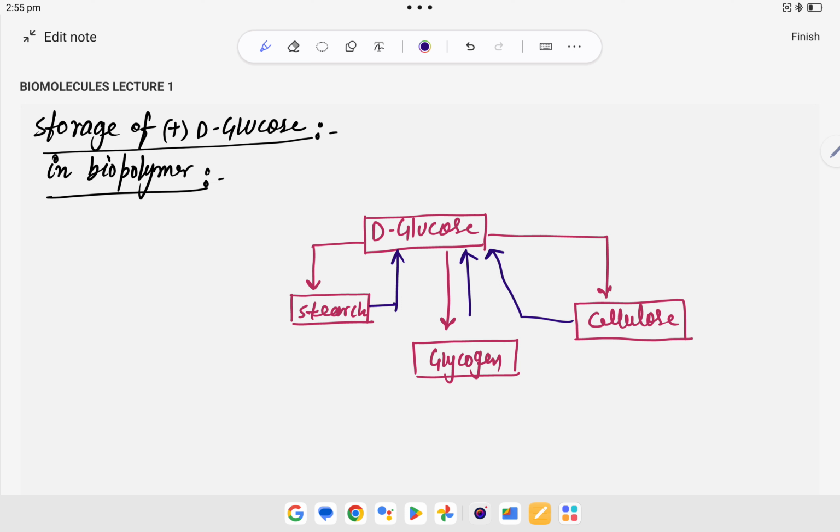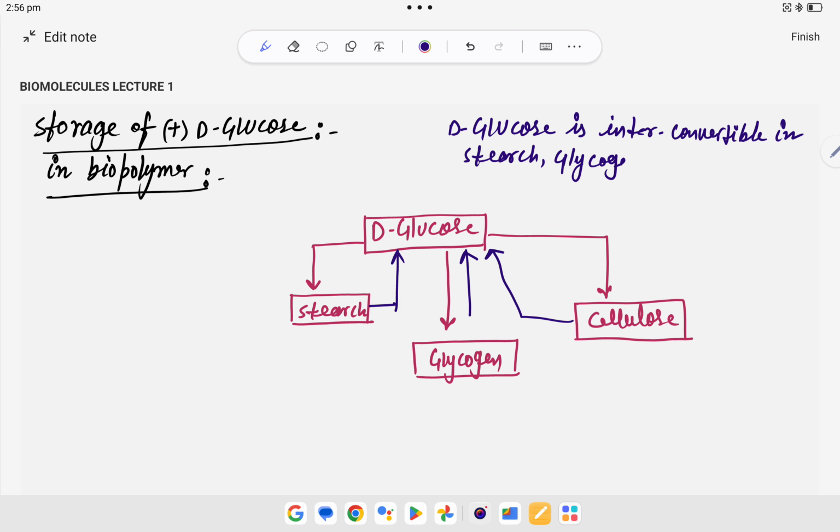So you can write, D glucose is interconvertible in starch, glycogen and cellulose.